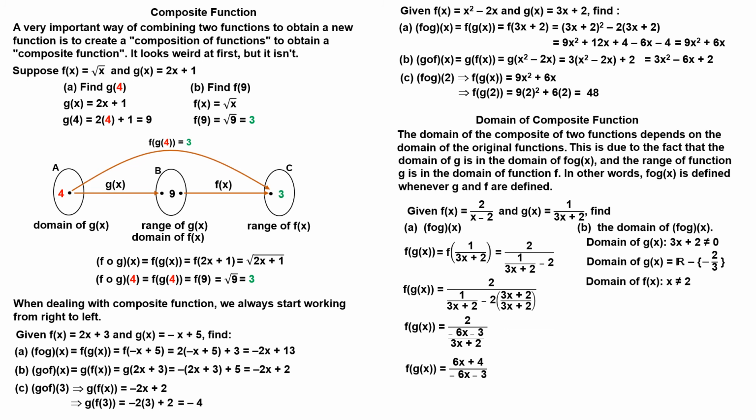Therefore, we need to exclude from the range of g that value of x for which g of x equals 2. Set g equals 2 and perform any simplifications.